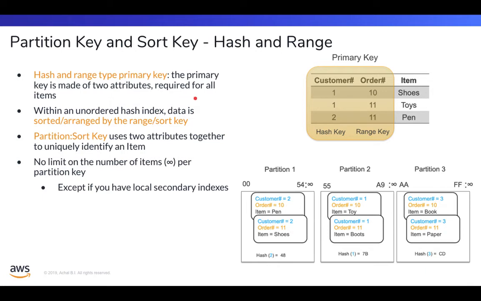These are also called composite keys, and these are required for all items. Once you define the sort key, it has to be present to order the items and also to uniquely identify the item.